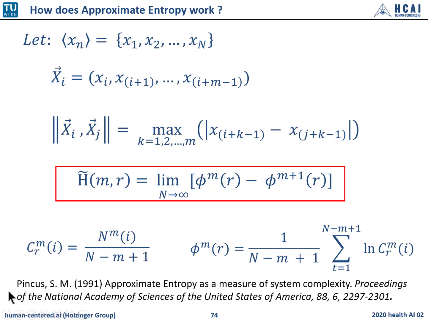This is here. And finally we increase the dimension to m plus 1. This is done here, and repeat the steps before and get as a result the approximate entropy.